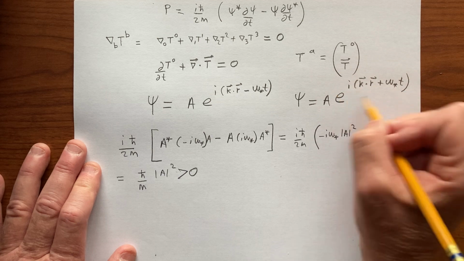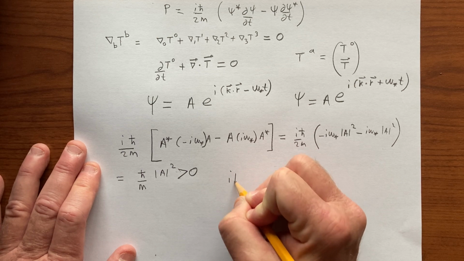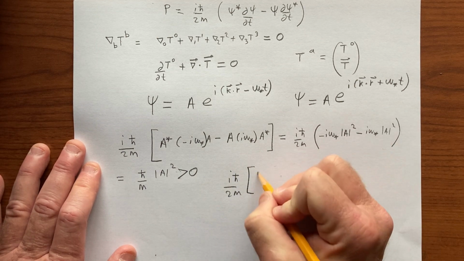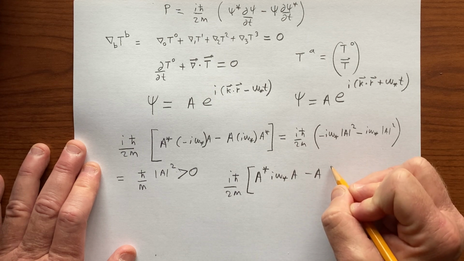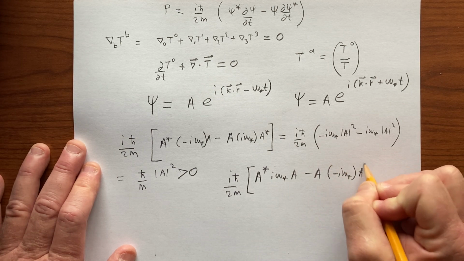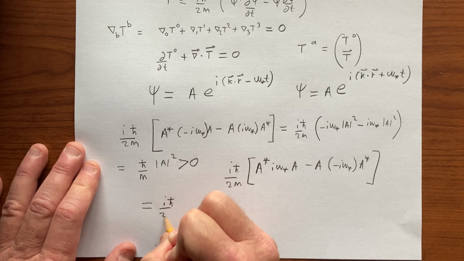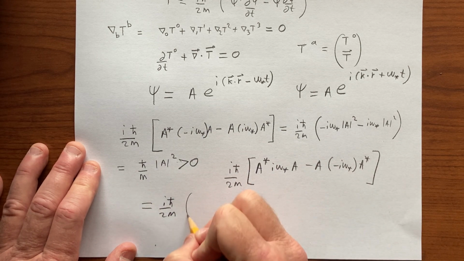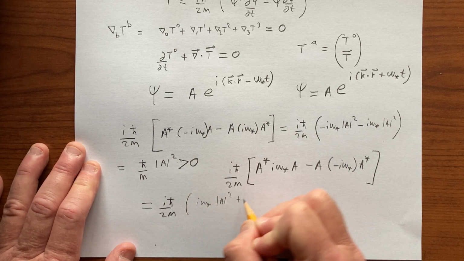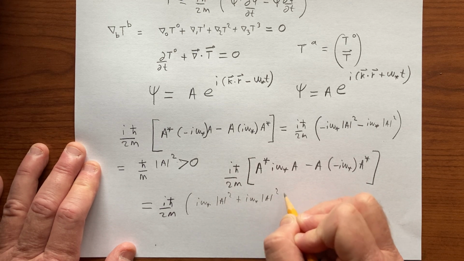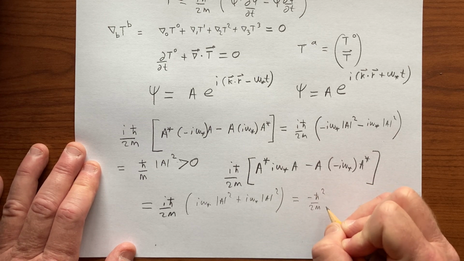But now let's do the same thing for this object. If we do that, we have i h bar over 2m, A star, i omega star A, minus A times minus i omega star A star, and this is i h bar over 2m, i omega star modulus A squared plus i omega star modulus A squared, and that is minus h bar over 2m.